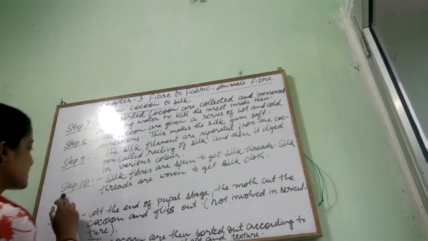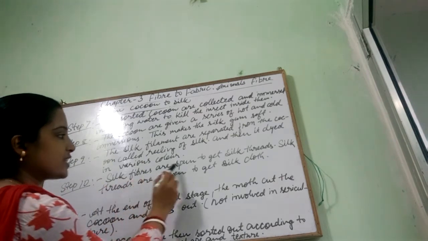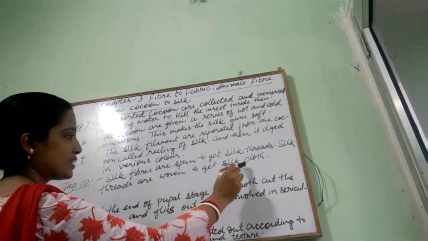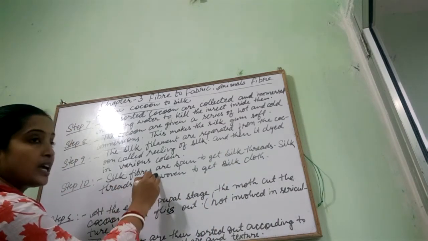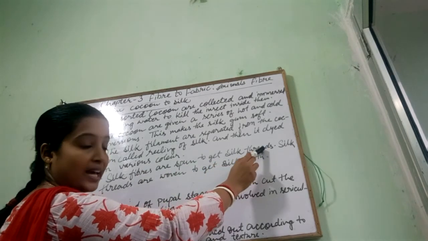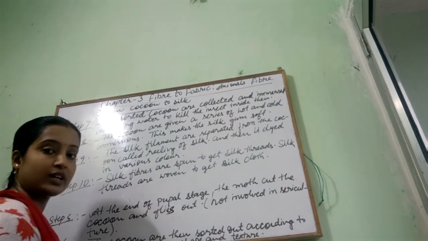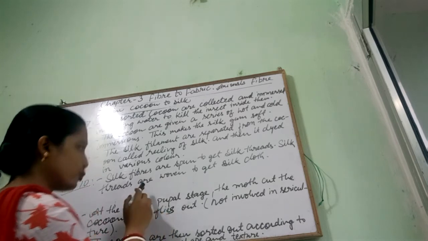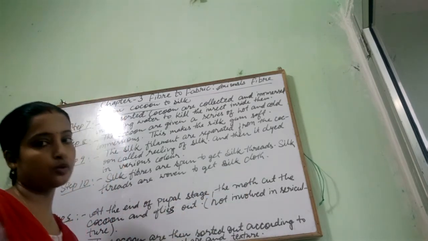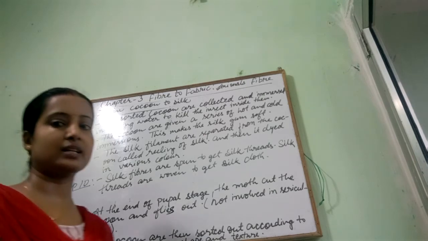And then step 10, silk fibers are spun to get silk threads, and silk threads are woven to get silk cloth. Whenever these silk threads are woven, they give a silk cloth. And as you already know, there are many uses of silk items.